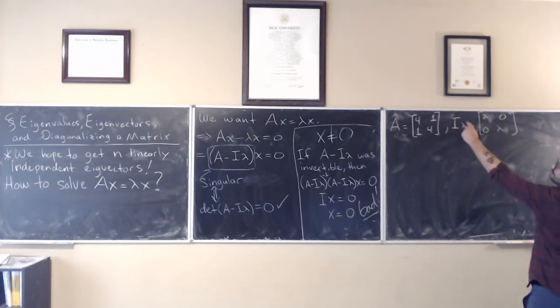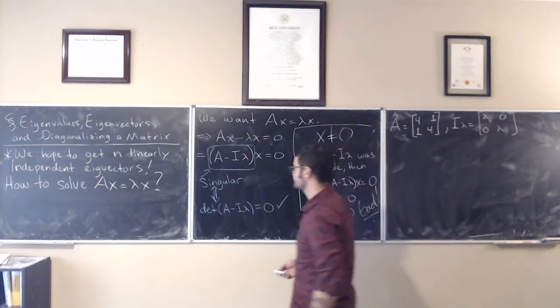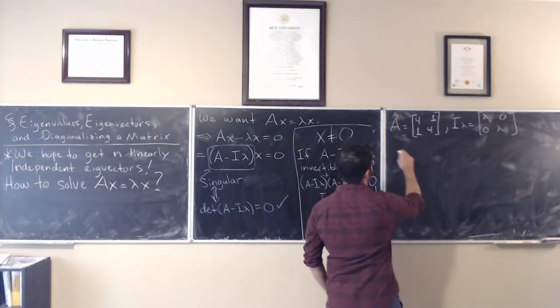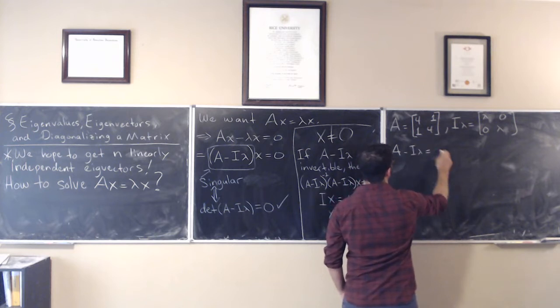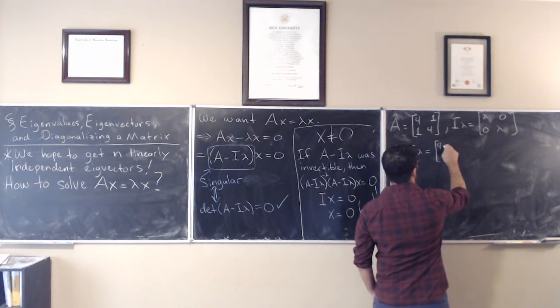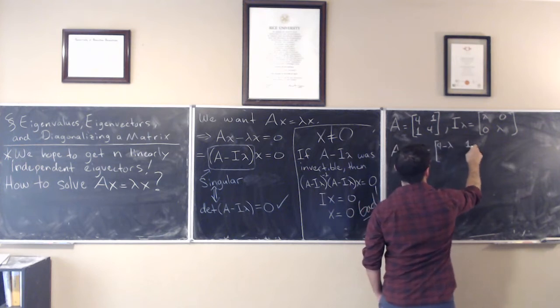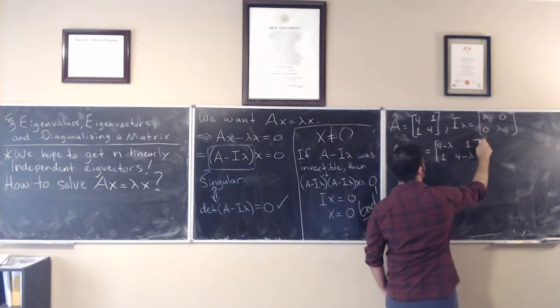Lambda times the identity. So then A minus I lambda is just equal to the matrix 4 minus lambda, 1, 1, 4 minus lambda.